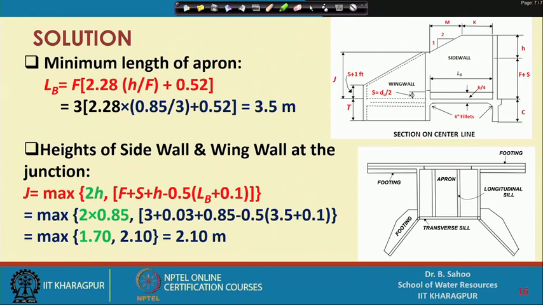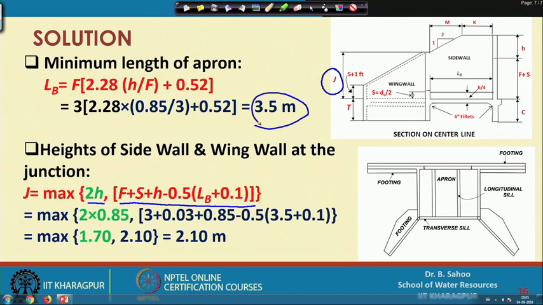Similarly, the height of side wall and wing wall at the junction is J. As you can see from this figure, this J value is estimated by considering the maximum value between 2 H and F plus S plus H minus 0.5 into LB plus 0.1. LB is already known, that is 3.5 meter.